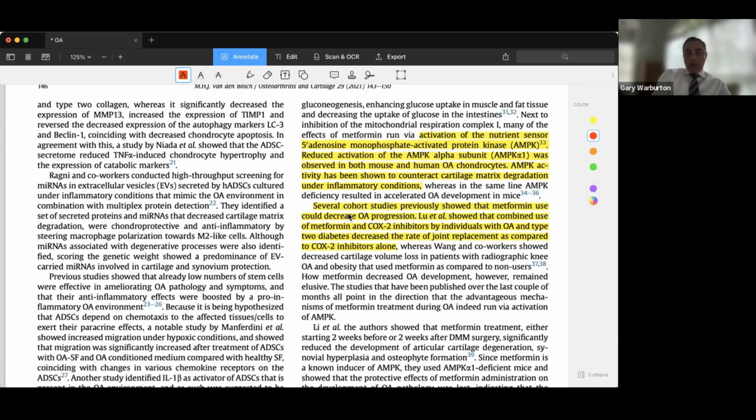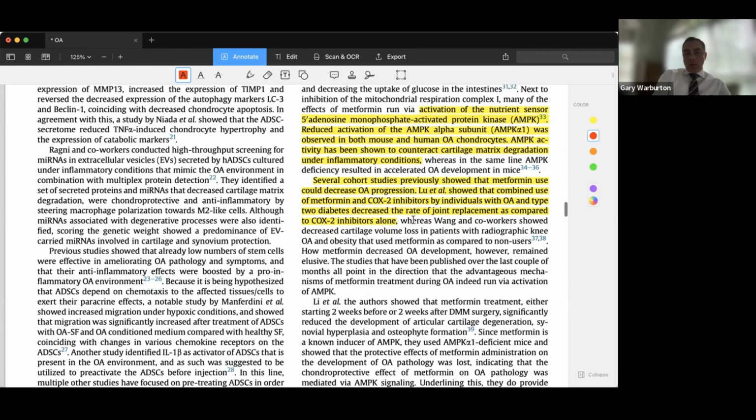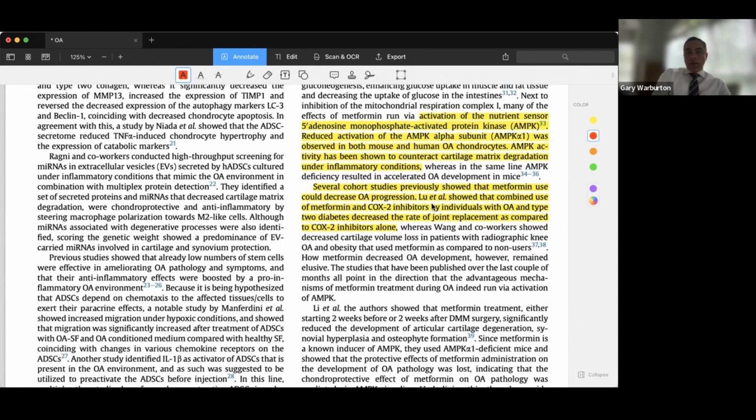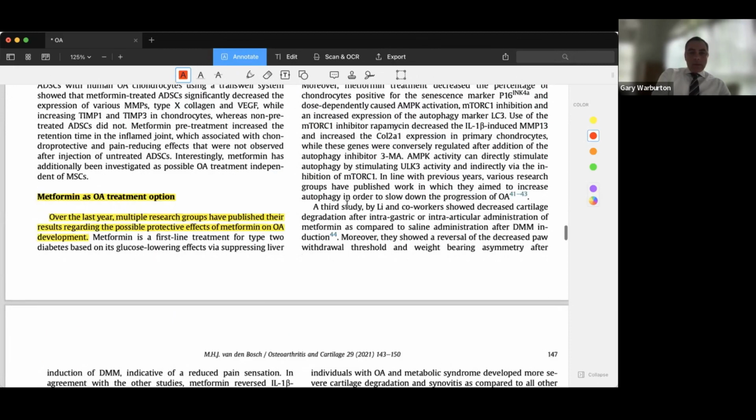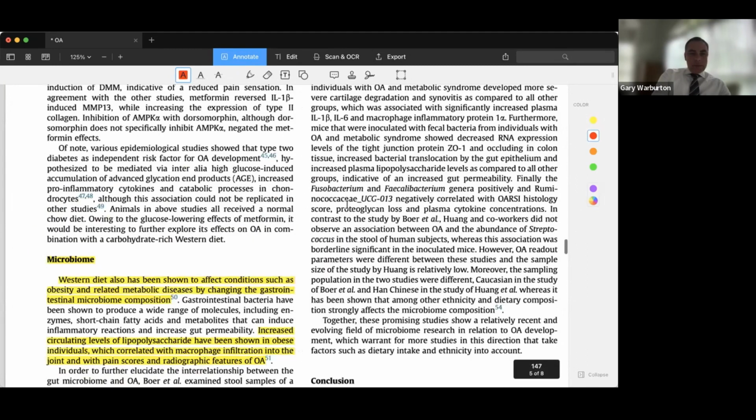And this group, who published in that same year, showed that metformin coupled with COX-2 inhibitors had an increased benefit in osteoarthritic patients. So I thought that was an interesting paper to show.